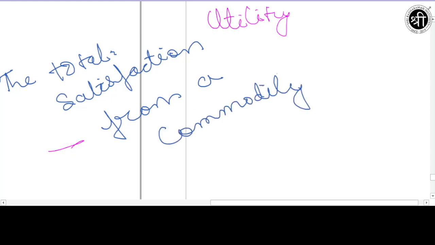So yes, that is what we call utility. The total amount of satisfaction which you get is known as utility. I have given you the examples. So utility means the total satisfaction from a commodity, or more specifically from the consumption of a commodity.